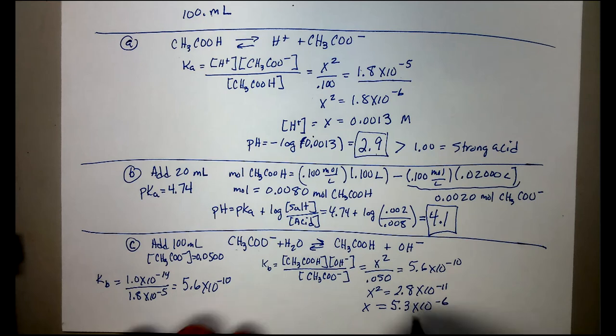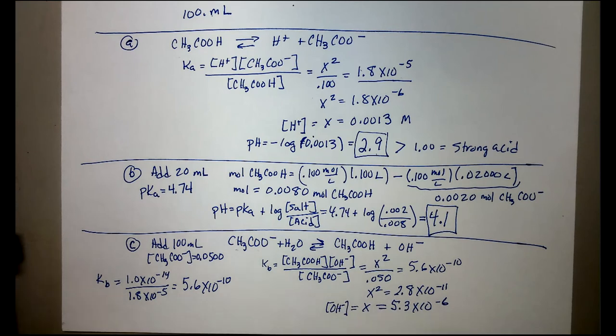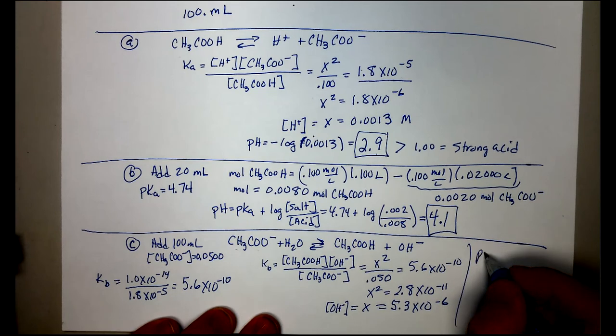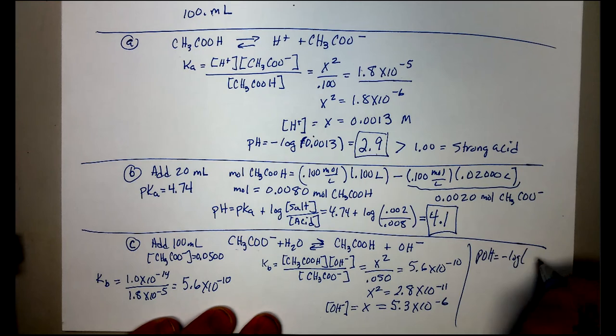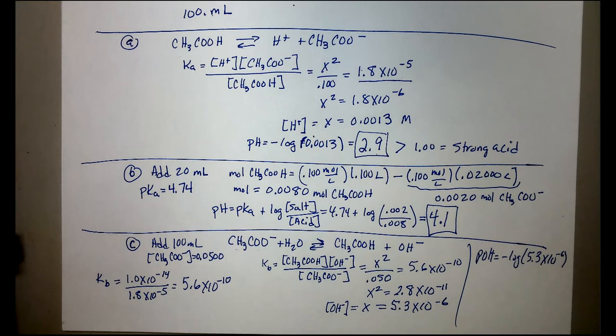Now, if we look, that is equal to the concentration of our hydroxide ion. Not hydronium, but hydroxide ion. So the pOH is equal to negative log of 5.3 times 10 to the negative 6th. So negative log that answer.